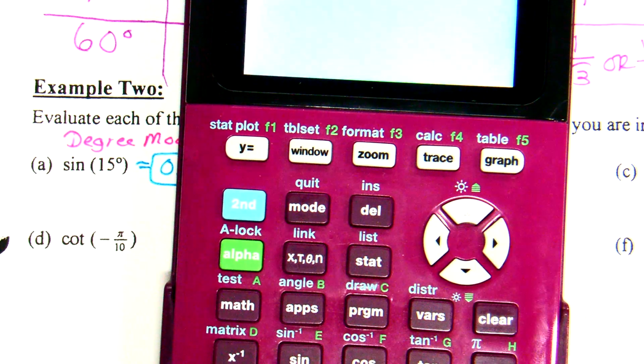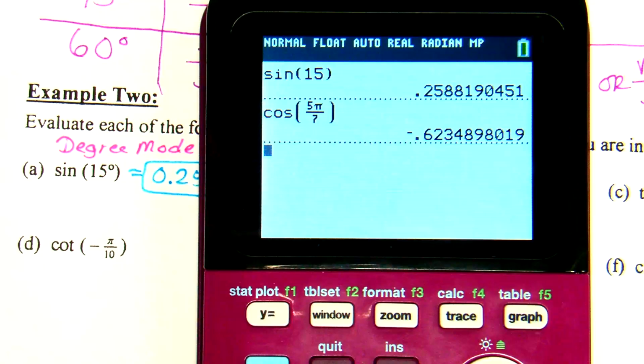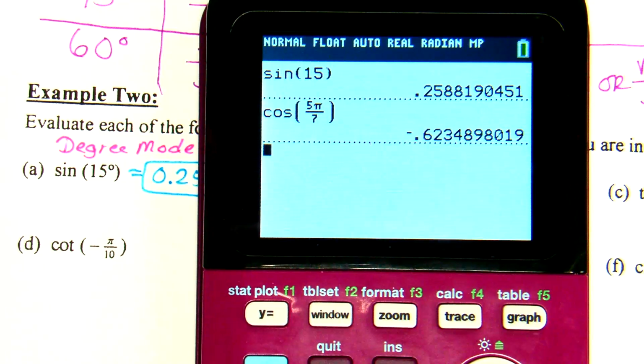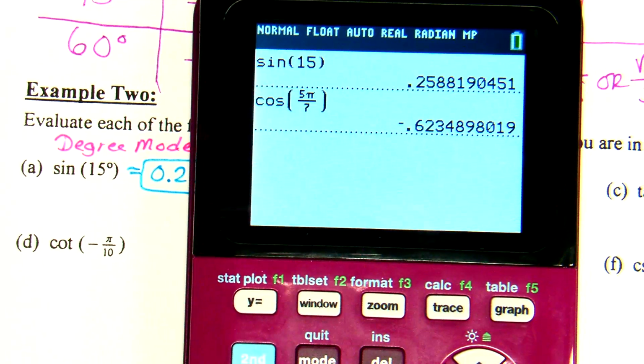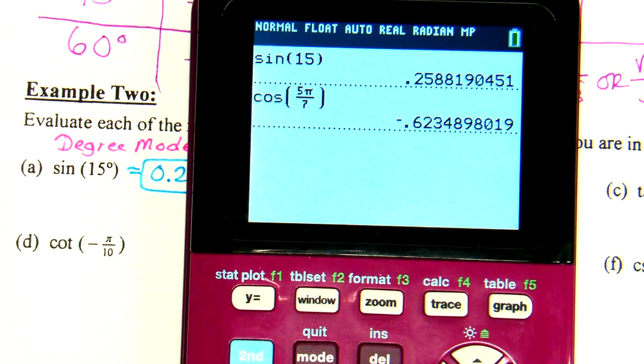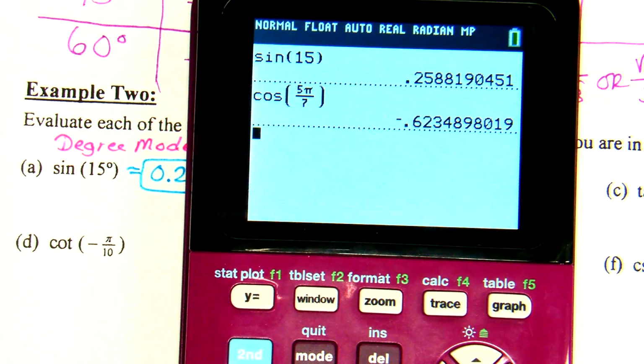Oh, dang it, sorry. Thought I was typing the whole time you up there. Does your answer match my answer? If not, did you get your mode changed? And then did you type it right? Let me help you with your calculator issues if you're having them.